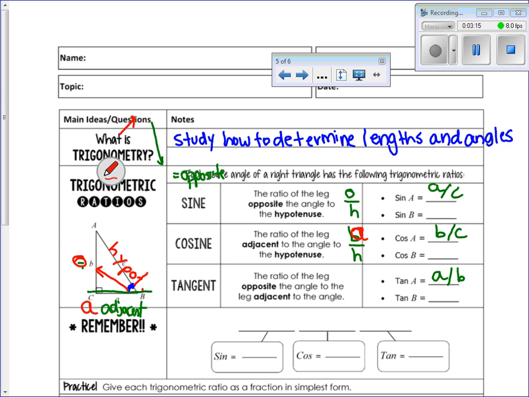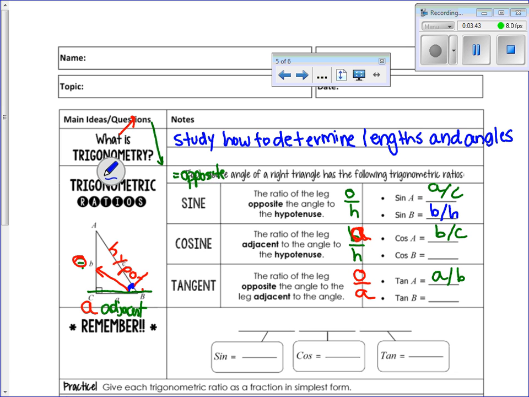Let's put an A for adjacent, and this is O over A. So for the sine of B, opposite over hypotenuse, I would have little b over c.